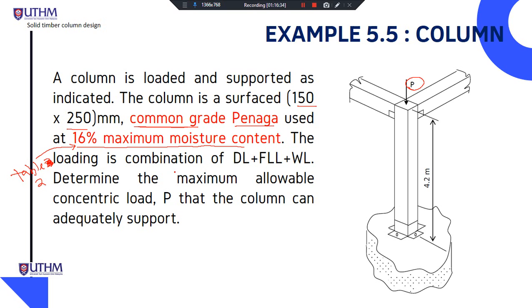The loading is a combination of dead load, live load, and also wind load. Here is the wind load. Determine the maximum allowable constraining load, that is, how much P the column can adequately support. L is equal to 4.2 meter.